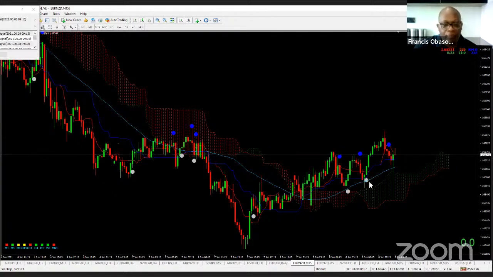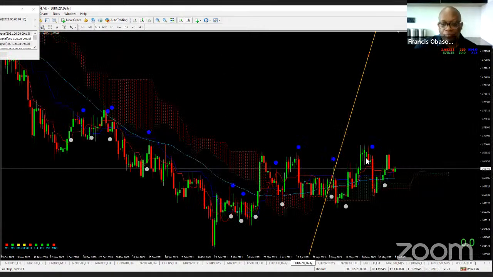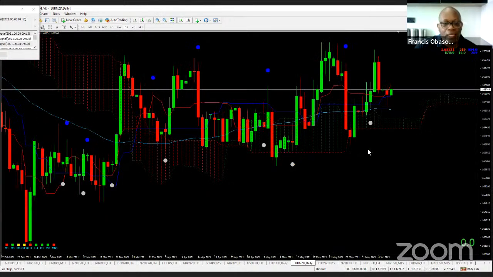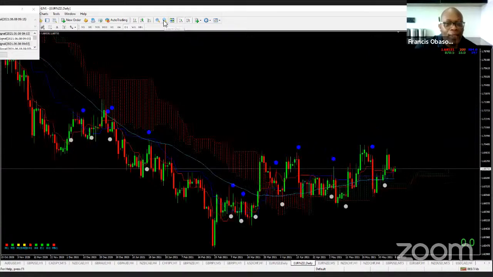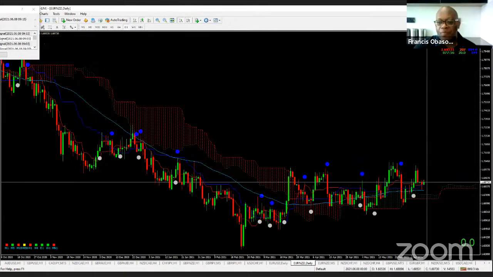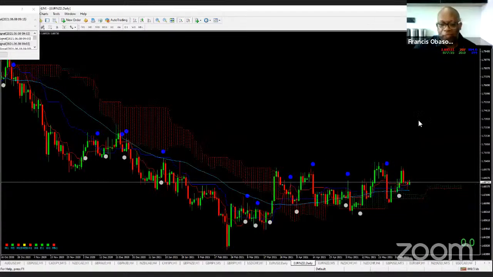Now, this is Euro New Zealand dollar. In case you're wondering what's on the screen, this is basically the Ichimoku Kinko Hyo. Forgive me if I pronounce it wrongly, but it's a Japanese word, otherwise known as the cloud.